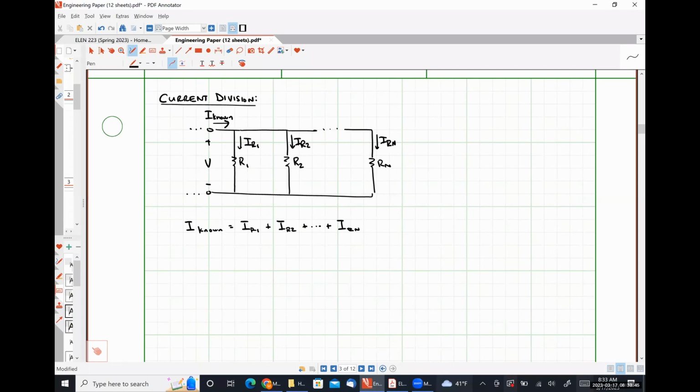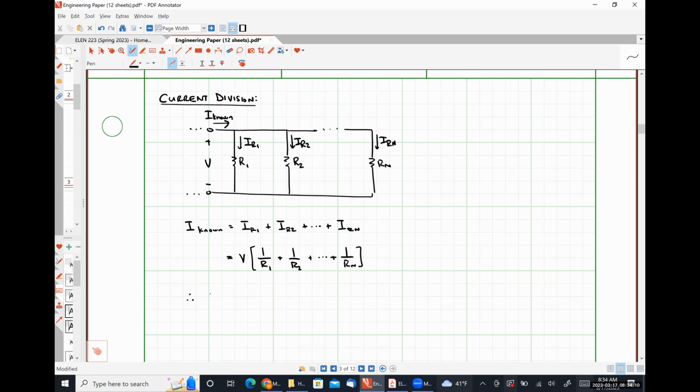And I can express all of those resistor currents in terms of that voltage V, such that I will have V times 1 over R1 plus 1 over R2 all the way out to 1 over R sub n.